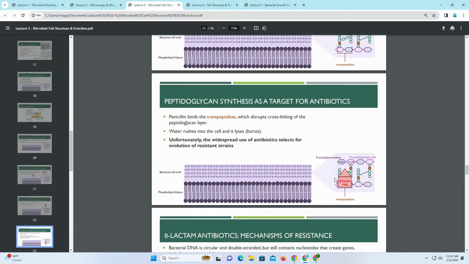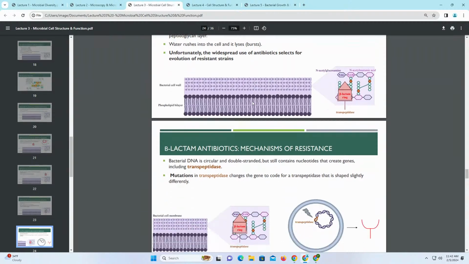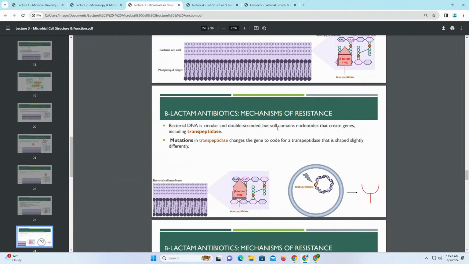Now, ultimately, having all these antibiotics selects for antibiotic resistance. There are ways that bacteria have evolved to resist being killed by our antibiotics. One of those ways is that it can create a mutation in this transpeptidase.